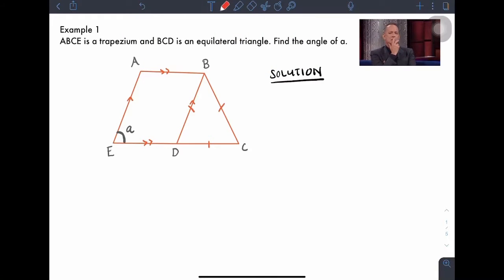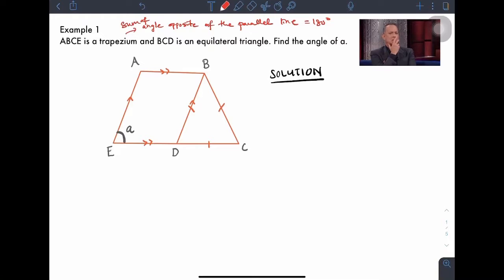Do you still remember? The sum of the angles opposite of the parallel line will give you 180 degrees.